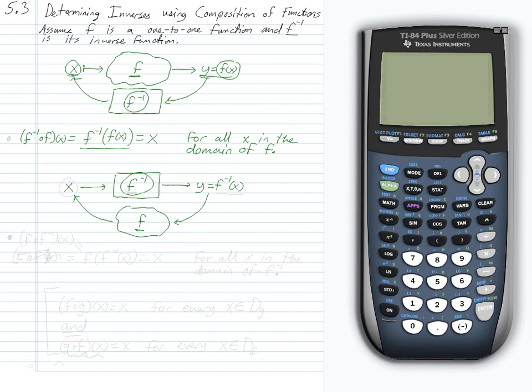Okay, so the function to act last here is f, so f of f inverse of x gives us an output of x. So plugging something into f inverse and then the result into f should get us back to whatever we started with. And notationally, we would denote this expression, plugging f inverse into f, as f composed with f inverse of x.